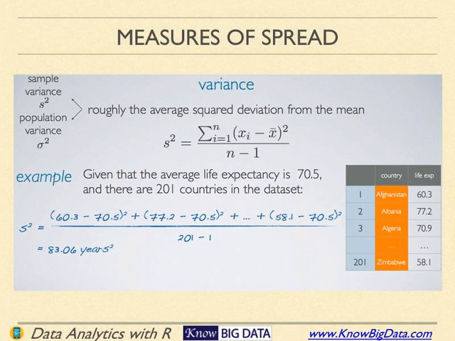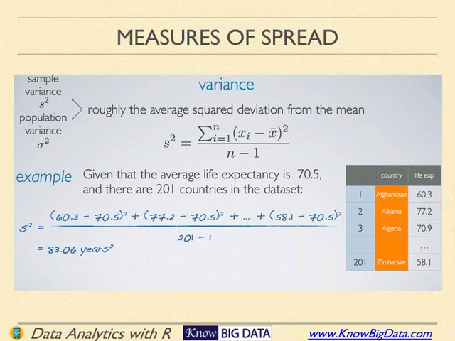Now we compute something called standard deviation or variance. The only relation is that variance is the square of the deviation. These are two keywords.